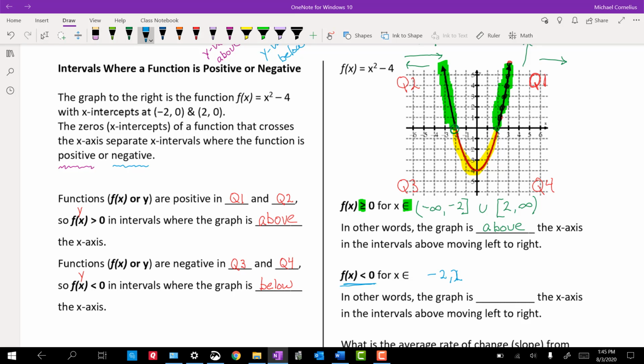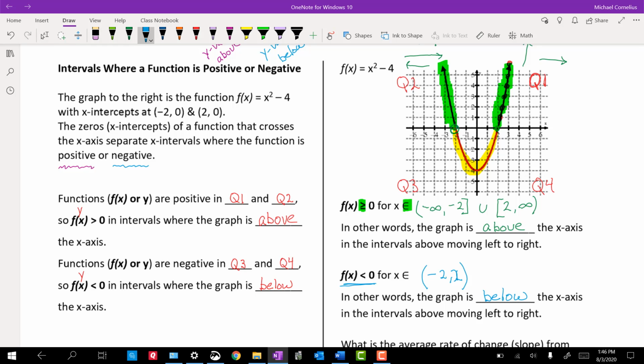Because there's no equal, it says less than 0, that means I don't touch -2 and I don't touch +2. So in other words, the graph is below the x-axis in the interval -2 to 2, as you move left to right. Okay?